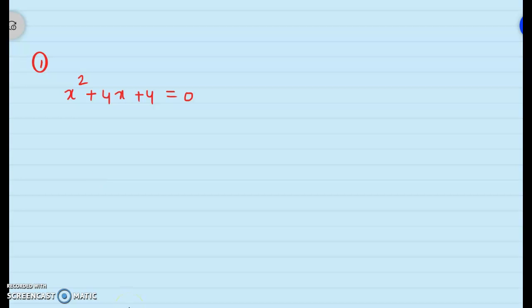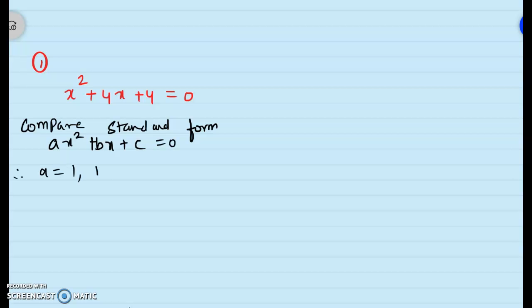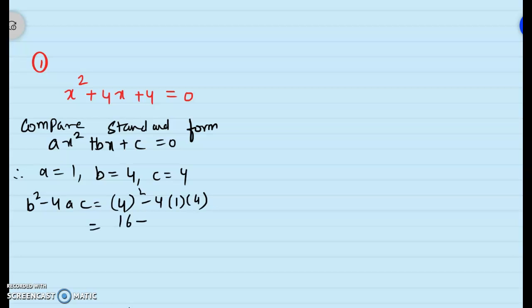First compare it with the standard form, ax squared plus bx plus c equals 0. I get a equals 1, b equals 4 and c equals 4. Now b squared minus 4ac is 4 squared minus 4 into 1 into 4, which is 16 minus 16, so I get 0.